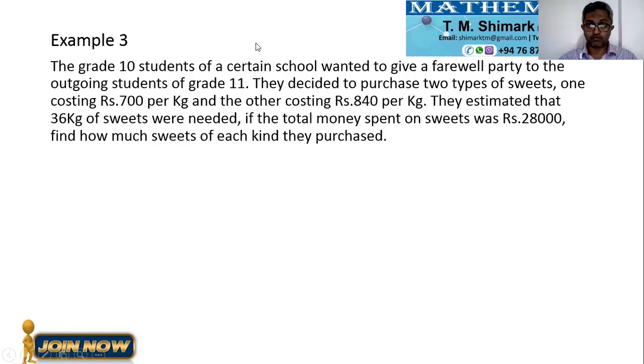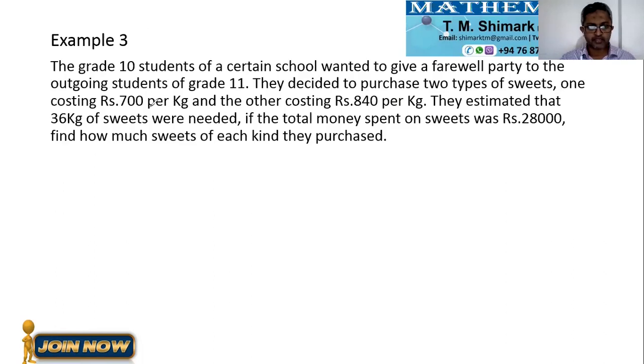If you want to find out, I told you, just see what the last part of the question is saying: find how much sweets of each kind they purchased. So they want to find out how much sweets we have purchased. So for a farewell party, they are giving some sweets.